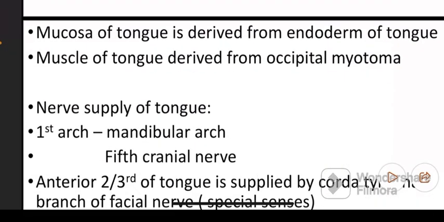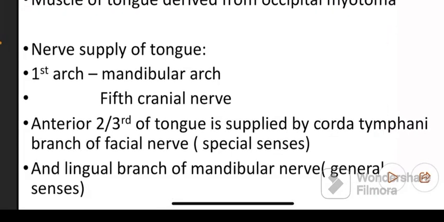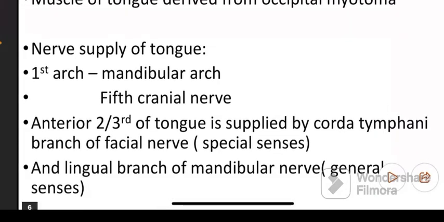Mucosa of tongue is derived from endoderm, while muscles are derived from occipital myotomes. The muscles of tongue are both intrinsic and extrinsic. The nerve supply of tongue is from the first pharyngeal arch. Why? Because lingual swellings are present in the first pharyngeal arch, and we know that the first pharyngeal arch has double innervation.